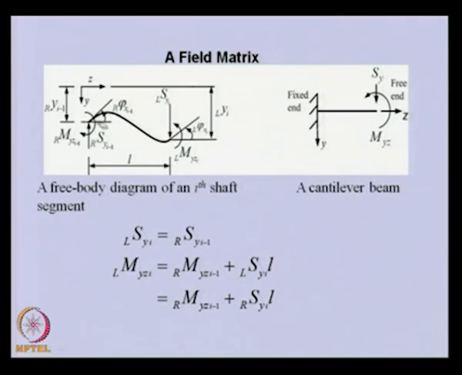Apart from this, there will be the slope of the shaft during bending, which we represent by phi I minus 1 with subscript r.